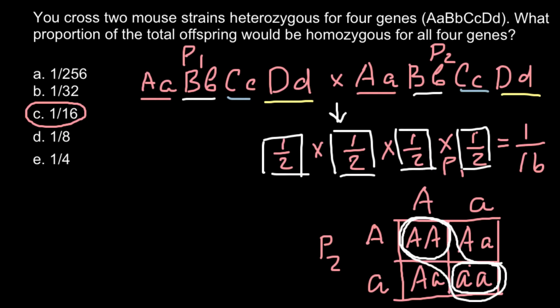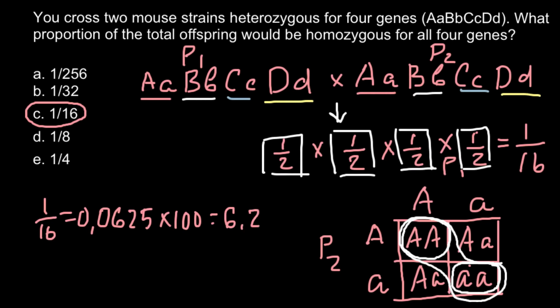So if we divide 1 by 16, we get 0.0625, and we multiply by 100, and the final answer in percentage form would be 6.25%. So this would be the answer if you need to give it in percentage form.